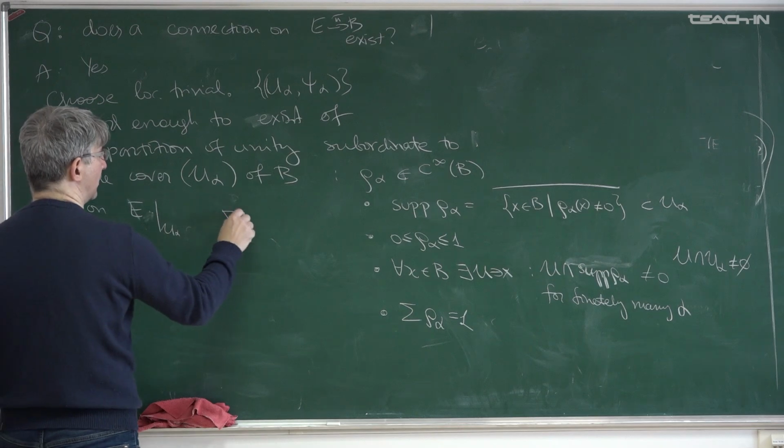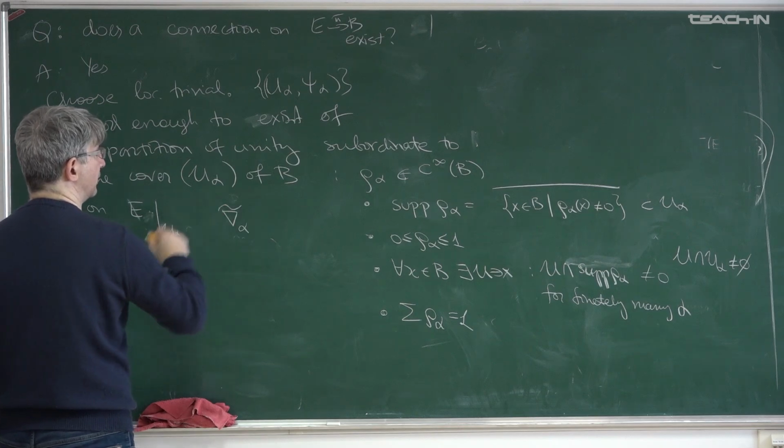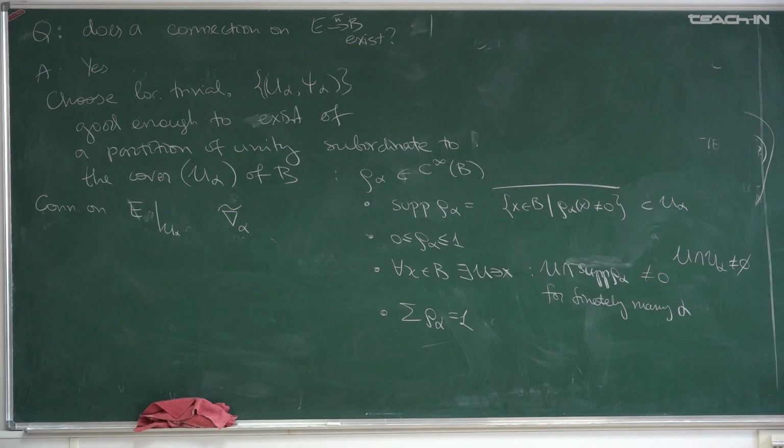We denote it by U alpha with a tilde. For what reason I write the tilde, I do not know. Just to stress that it is a local object. So this is not an expression for some global connection in chart U alpha.